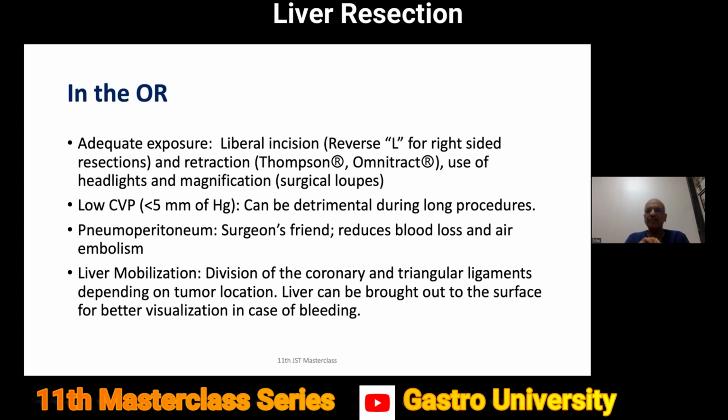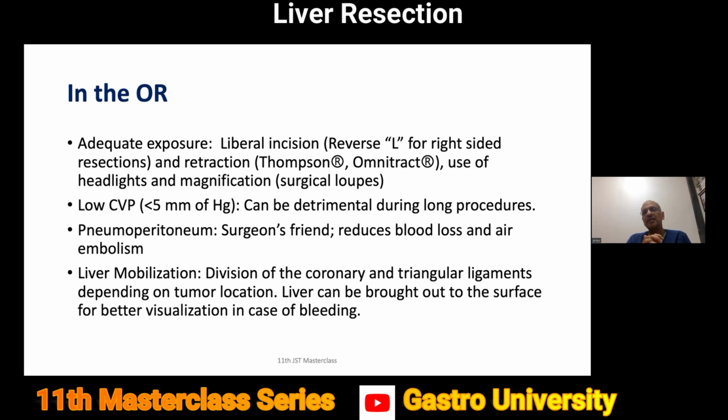Use of a headlight and magnification, I find, and I think every liver surgeon finds, is a kind of mandatory thing when you are doing a major liver resection. Maintaining a low CVP, we know it from times immemorial, but now there are so many reports that, especially in prolonged resections, low CVP can be detrimental.